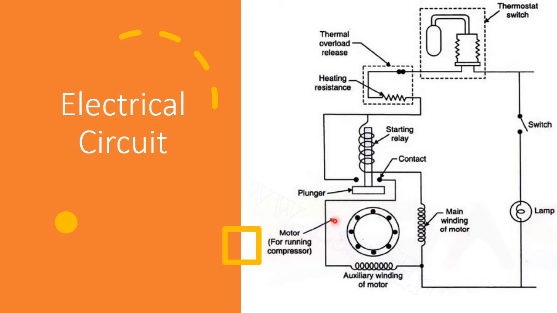Here no current flows through the auxiliary winding. For single phase induction motor, there should be a phase difference between the two windings for starting. But here only current flows through the main winding. No current flows through the auxiliary winding of the motor. So motor doesn't rotate, but heavy current flows through this motor.